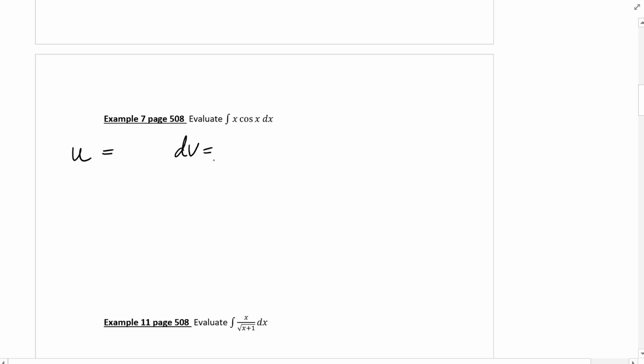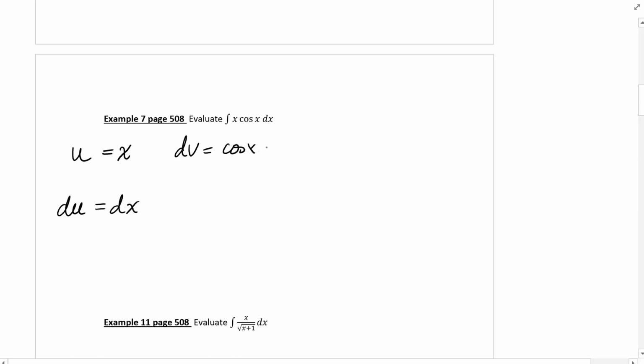U is equal to, well, let's think, we want x or cosine of x dx. Well, if we write u, the next thing is going to be to find the du, which means if we differentiate, we're going to get 1 power less. So we would like that, to get 1 power less of x, which would be 1. So let's do this, u is x, and du would be dx.